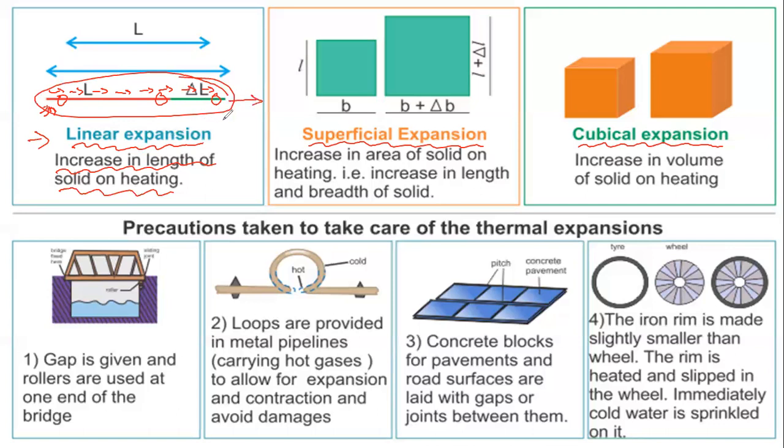So when the length has increased due to the supply of heat, that is called linear expansion. Whereas when we talk about a thin metallic sheet of any kind of metal, and we supply heat, we observe that the heat is not going in only one direction, but is transmitting in two different directions, because as it has more surface area, heat is not only traveling in one direction but in two.